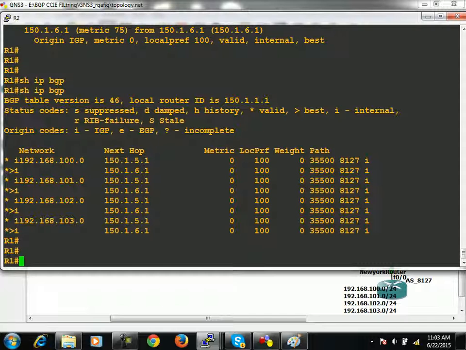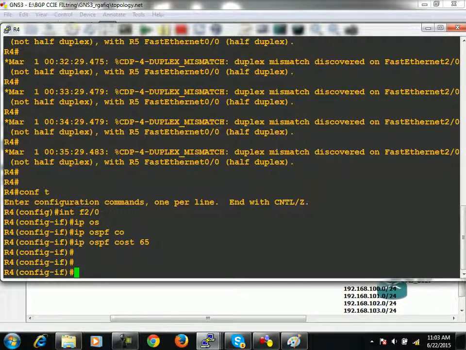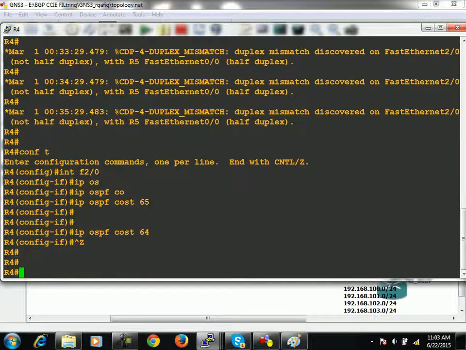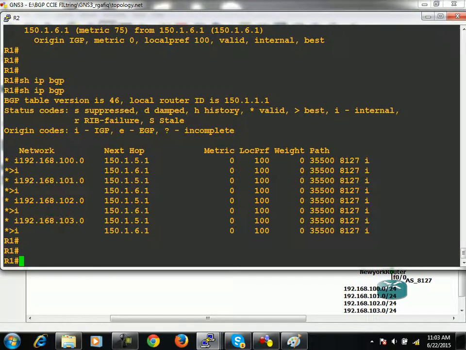And if it is also the same, then what will happen? Let's make it the same now via both neighbors. Let's move on to R4 F2 by 0, make it 64 itself. So let's move back again on R4 and configure its cost at 64 now. Move back again on R1.